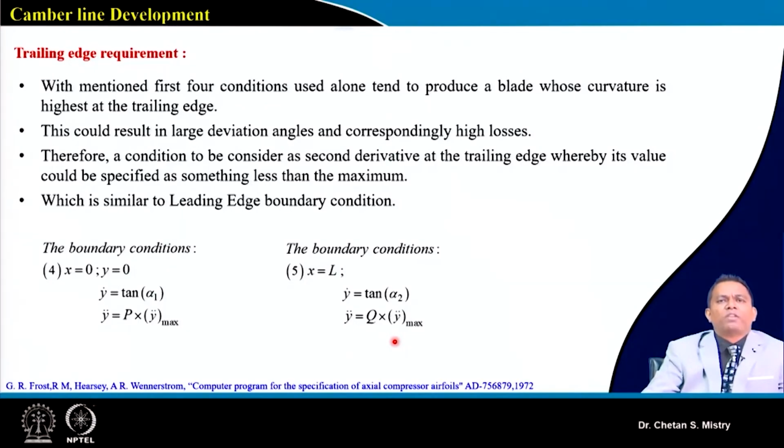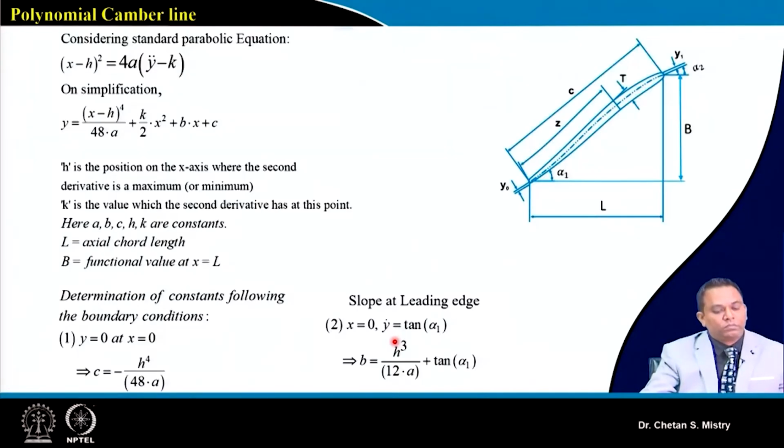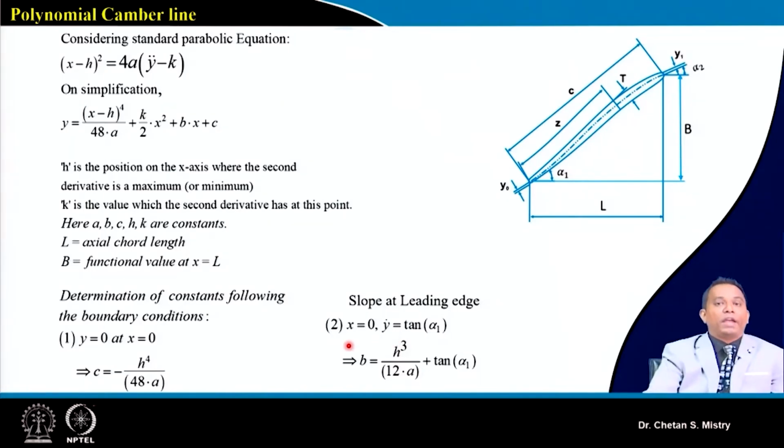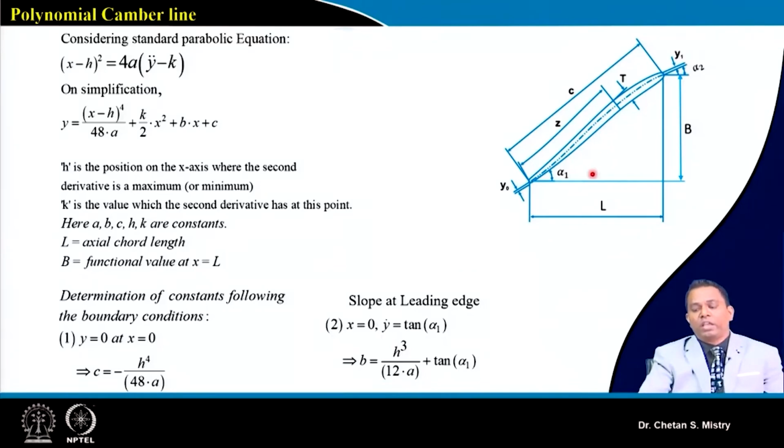Let's try to understand when we will be discussing the development of different kinds of camber lines, that will give more clarity. Now very first let's try to develop a polynomial camber line. So here in this case, this is a kind of camber line we are looking for.